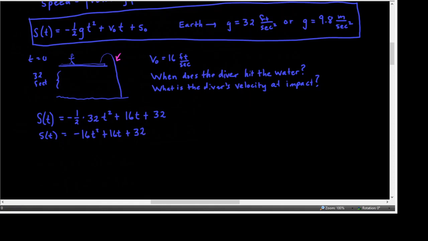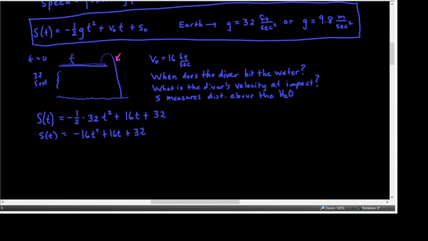All right. Now, when does the diver hit the water? What you need to do is translate that question into mathematical statements. If position s is measuring distance above the water, then when the person hits the water, his position is 0.